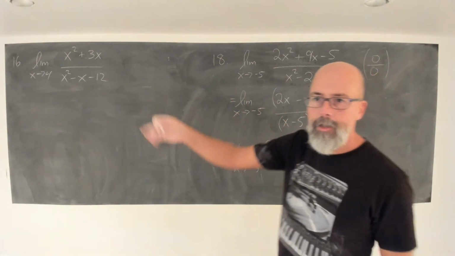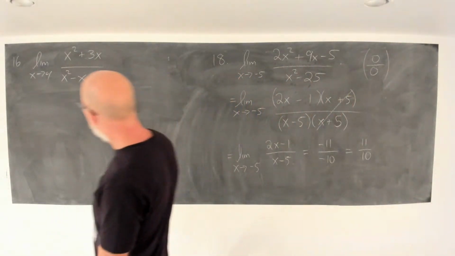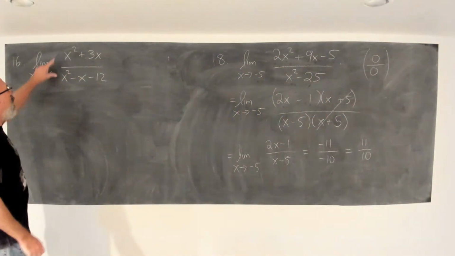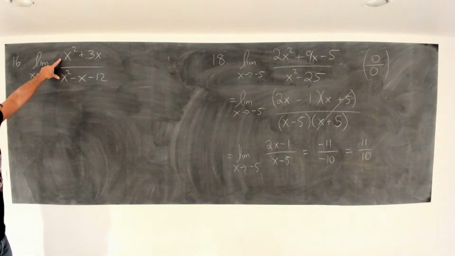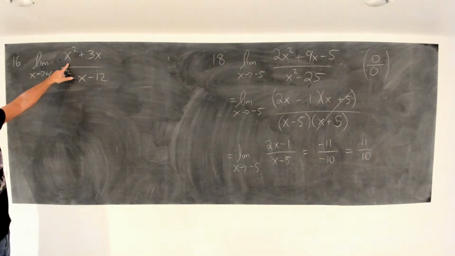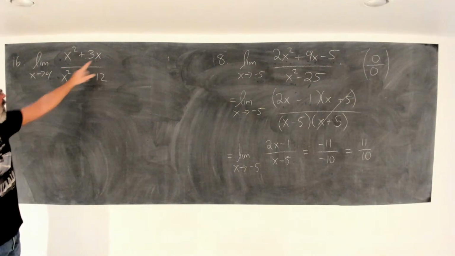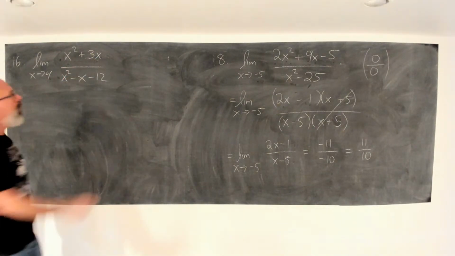And consider this. Again, you've got a limit of a quotient. These are just polynomials, so you know you can plug in if everything works nicely. Numerator, 16 plus 12 is 28.